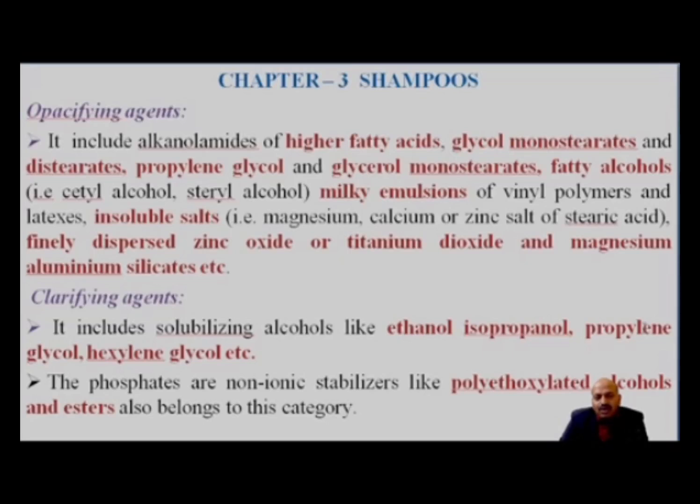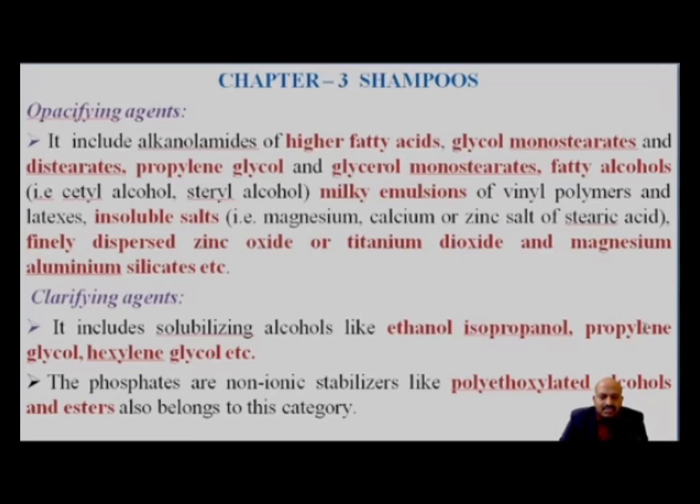Coming to the point of opacifying agents, it includes examples of alkanolamides of higher fatty acids, glycol monostearates and distearates, propylene glycol and glycerol monostearates, fatty alcohols, for example cetyl alcohol and stearyl alcohol, and milky emulsions of vinyl polymers and latexes, insoluble salts consisting of magnesium, calcium, or zinc sulfate, salts of stearic acid, and finely dispersed zinc oxide or titanium dioxide and magnesium aluminum silicates, etc. Some of the alkanolamides may be used to some extent.